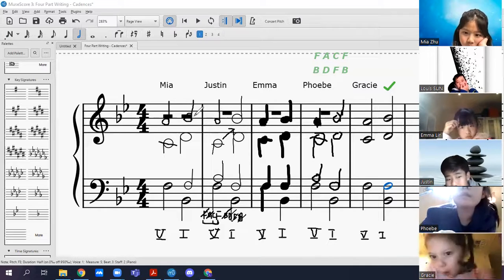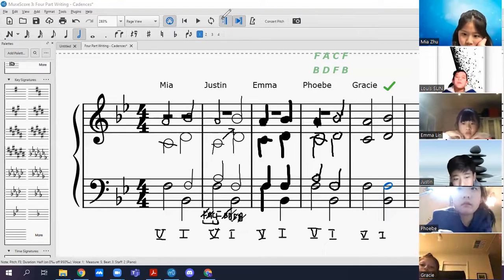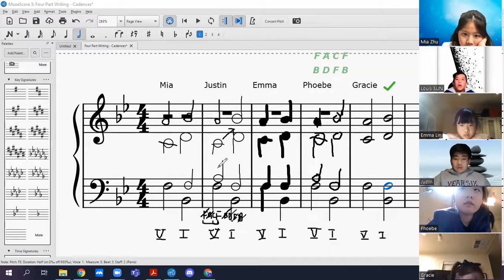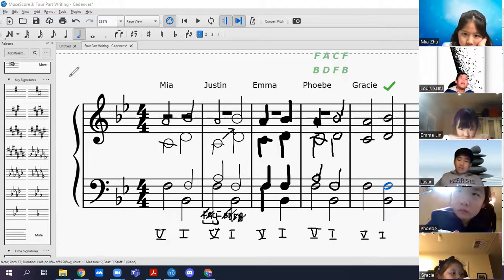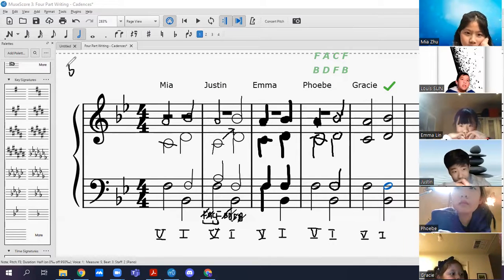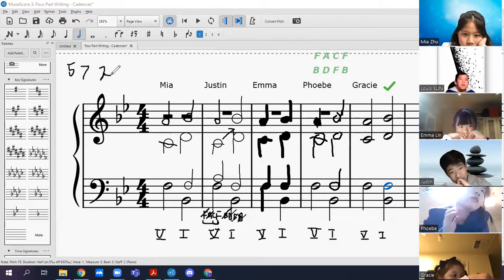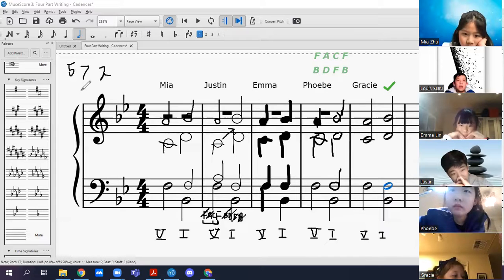Okay. So if you think about it, the dominant triad of any key uses the scale degrees 5, 7, and 2, or 5, 7, and 9: the dominant, the leading note, and the supertonic.